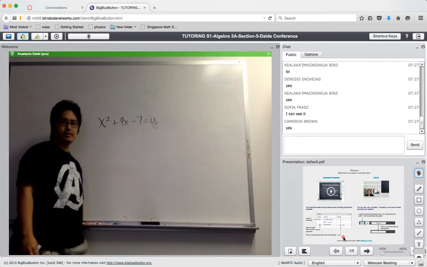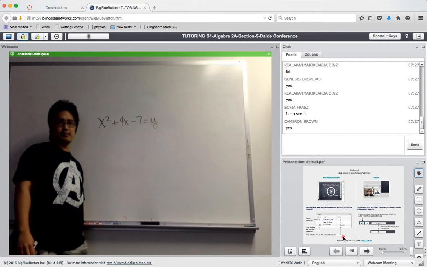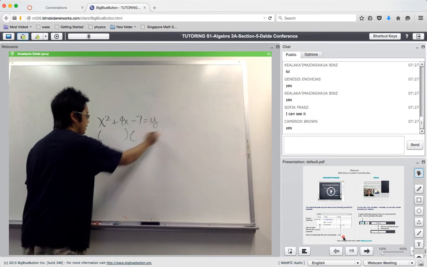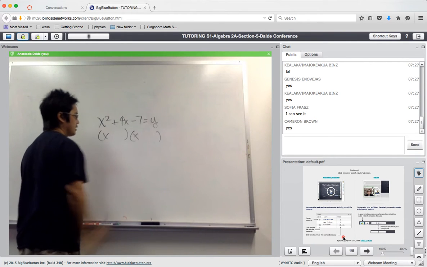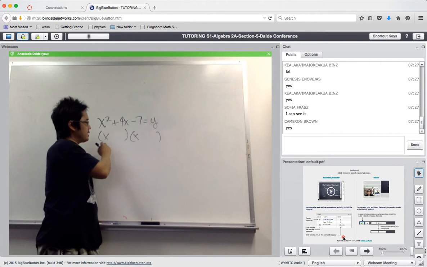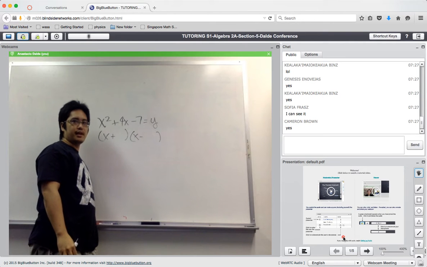So, here's the thing. You can't factor this thing down. We can't do that trick where we put two parentheses, and we have an x and an x, and then we think about, okay, there's a negative here, so it must be a plus and a minus, and then what are the factors of 7? 7 and 1, 1 and 7, that's it, really.